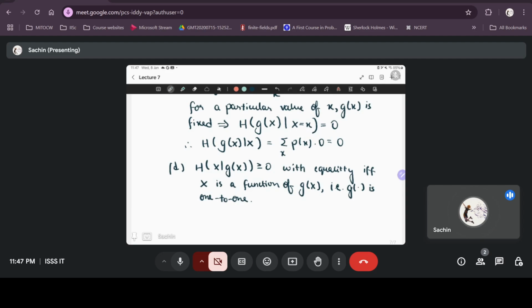But we proved it by using the definition of entropy and a little bit of algebraic manipulation. Here we prove the same thing using the properties of entropy, such as the chain rule and that conditioning reduces entropy, etc.